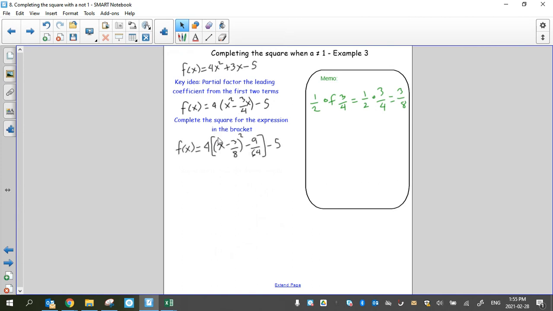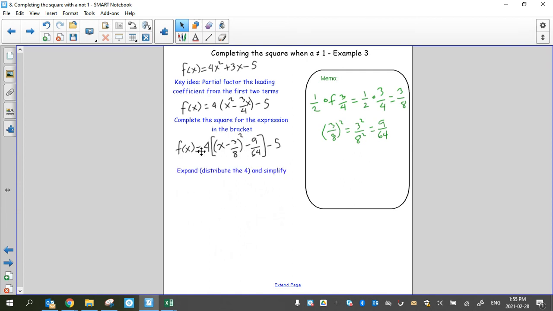Now we add this extra square bracket to make sure that this is clear. So I have the 4, and then the completion of the square inside the square bracket, (x + 3/8)², but now I, of course, have to subtract the 3/8 squared. And just as a memo, when we square 3/8, we square numerator and denominator, and that is equivalent to 9/64, which is what we see here, and −5.